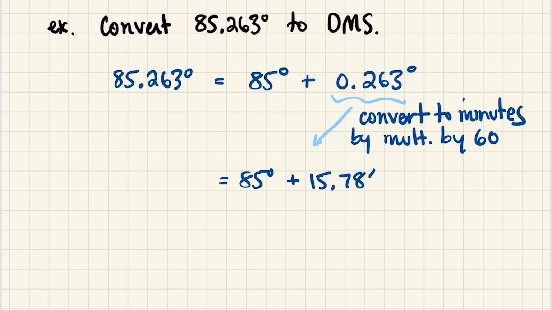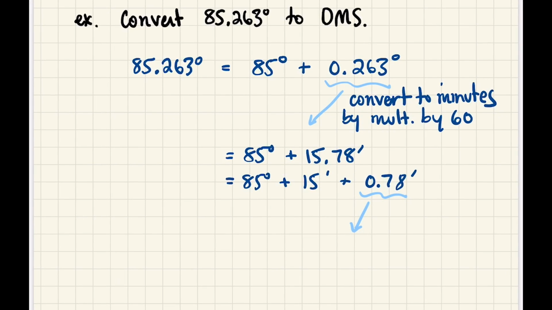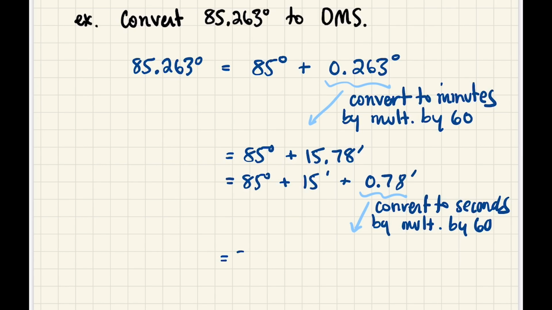So we know that this is going to be 85 degrees, 15 minutes, and then the 0.78, now that's leftover stuff, and we need to convert that into seconds. We go from minutes to seconds, again by multiplying by 60. Multiplying 0.78 by 60 gives 46.8.